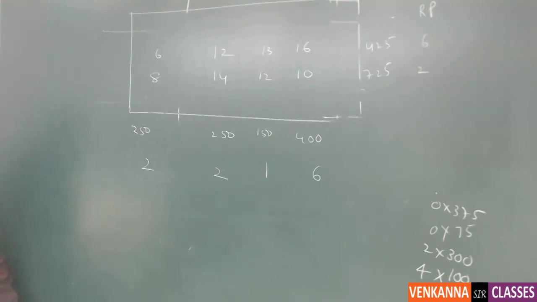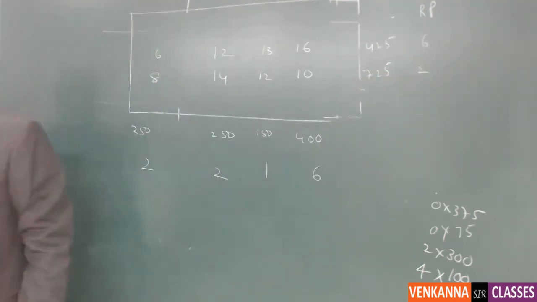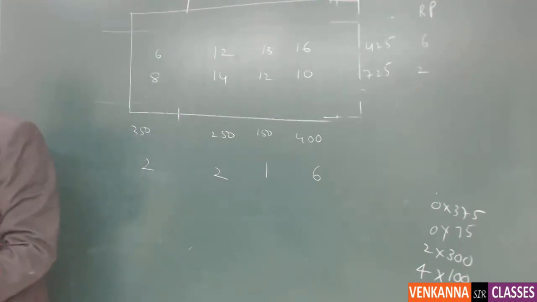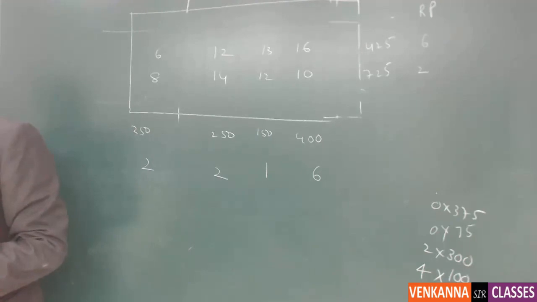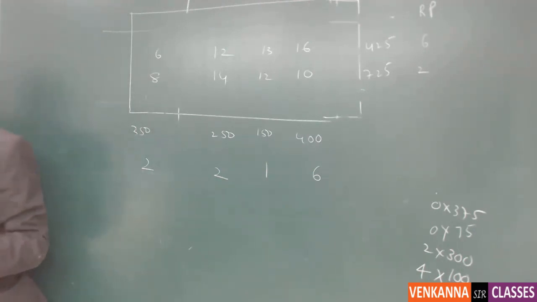In this type of situation, you can choose either of the two. Now tell me which one you are going to choose, the row or the column. We can choose arbitrarily while calculating the penalty and selecting the cell. Please tell me which I am going to choose, row or column penalty.